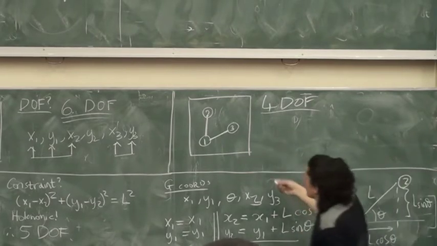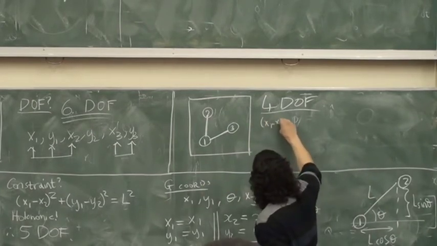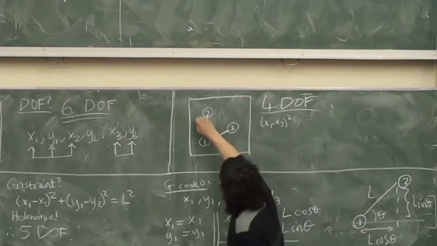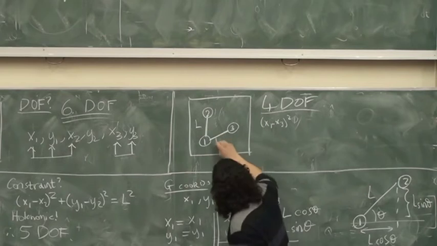So what is the constraint? The next constraint was, of course, x1 minus x3 squared, plus y1 minus y3 squared, equals a constant. This one is L, and let's call this one M. We're all alphabetical people.